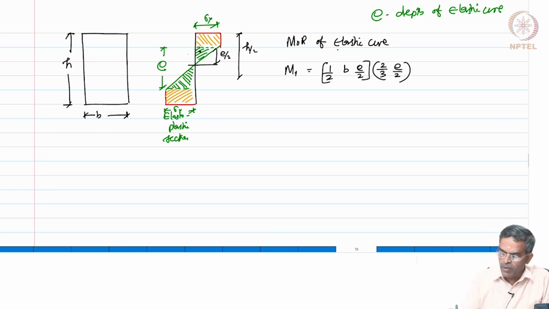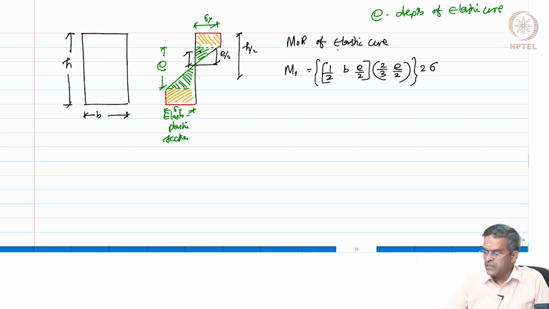I am taking moment about this point. 2/3 E by 2, and I have two such things, one on the top and one on the bottom, and there is only the force. So, I will multiply this with the stress to get my moment, right. So, half base E by 2, 2/3 E by 2 and twice of that. So, let us cut the common values. So, can I get this as b E square by 6 sigma y, or equation number 1.